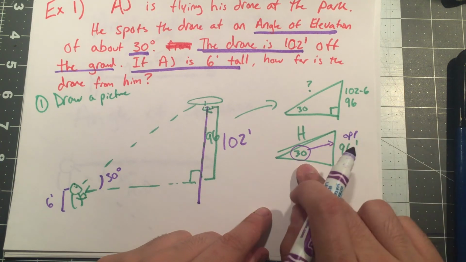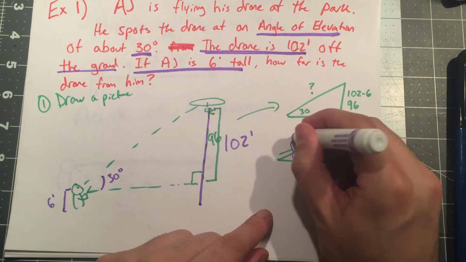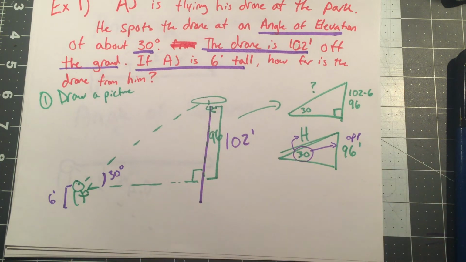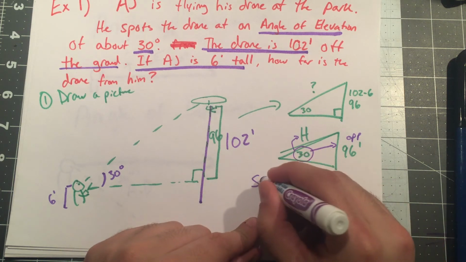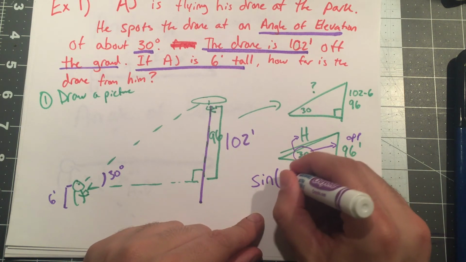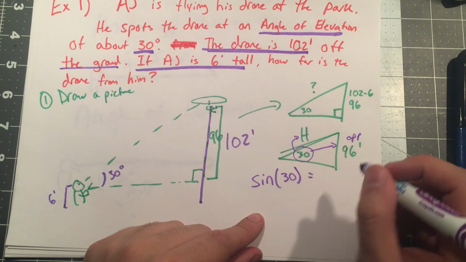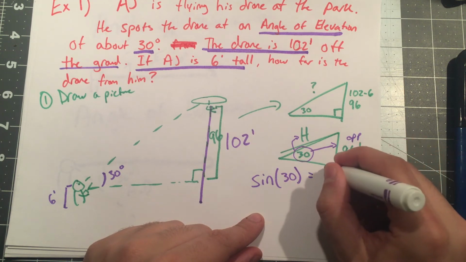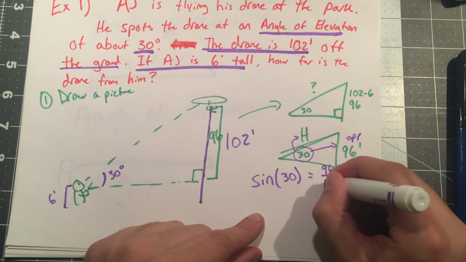I don't have the adjacent side. And I want to find the hypotenuse. If I have opposite and hypotenuse, I'm going to use the sine. The sine of 30 equals 96 over h.